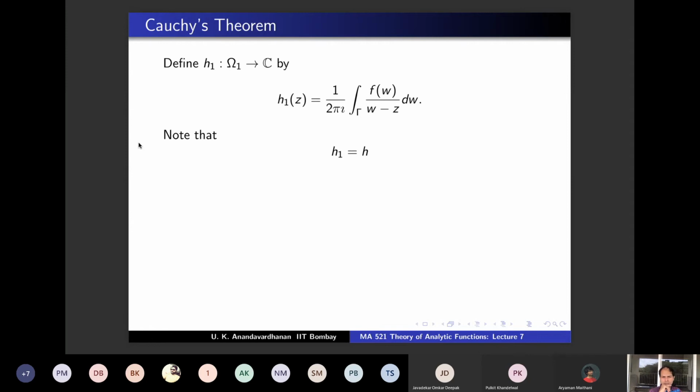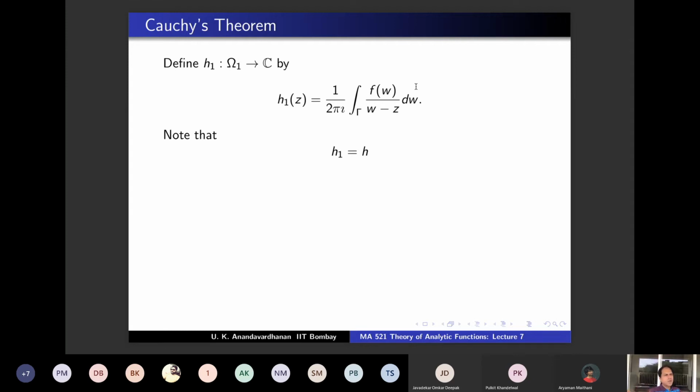Why is that? Because what is h? h is the integral of g(z,w). But what is g(z,w)? It is f(w) minus f(z) by w minus z. Whereas h1 has only the first term, f(w) by w minus z. h has f(w) minus f(z) by w minus z. So both are the same, meaning the other part is 0. That means the index is 0.